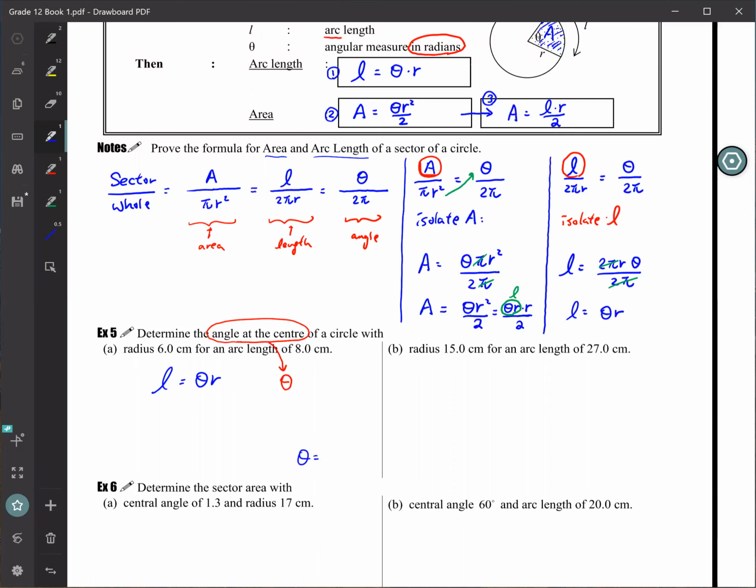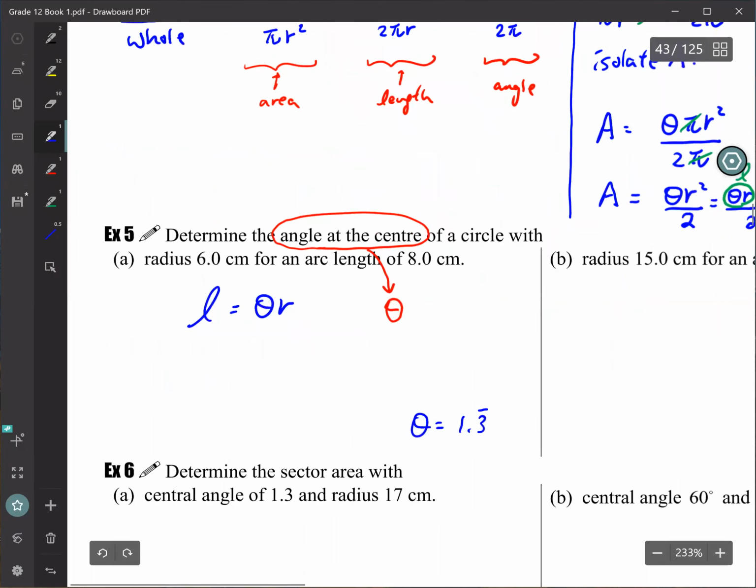I have 1.33. 1.33, so 3 repeating. Yeah, and what did you do to get that? Use the same formula? Yes, okay. And what did you put inside the L?